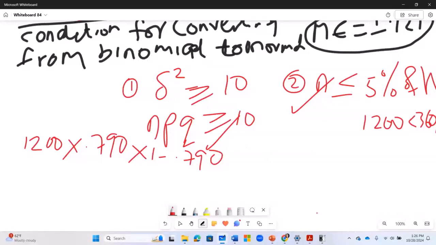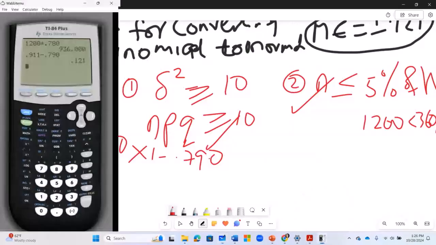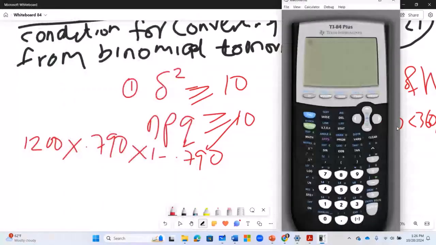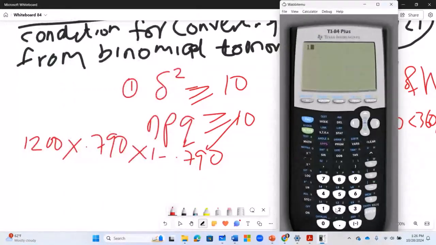Let's check it out. So I will do the multiplication: 1,200 multiplied by 0.790 multiplied by parentheses 1 minus 0.790, close parentheses, and hit enter. My answer is greater than 10. So condition number one is satisfied.